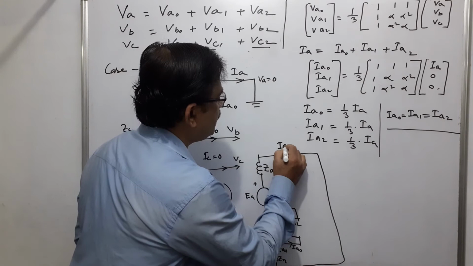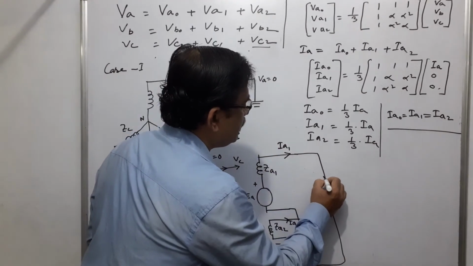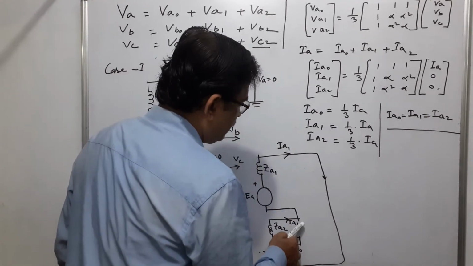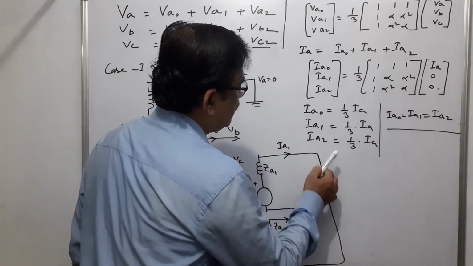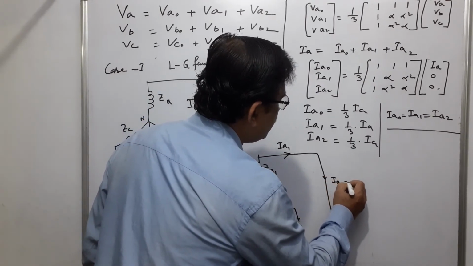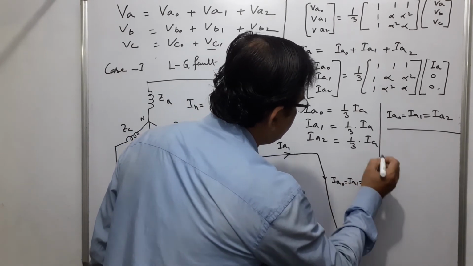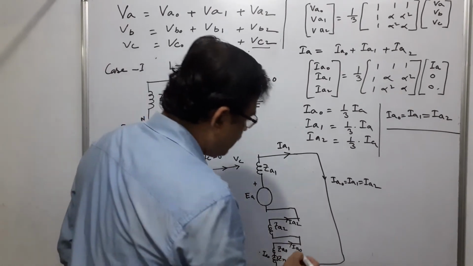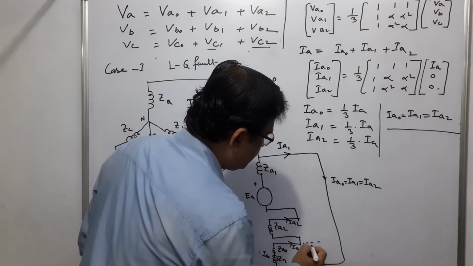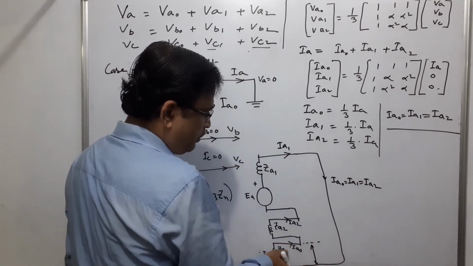Through here it is passing Ia1, through here Ia2, and here Ia0. Ia0 equals Ia1 equals Ia2, and what is the voltage here?